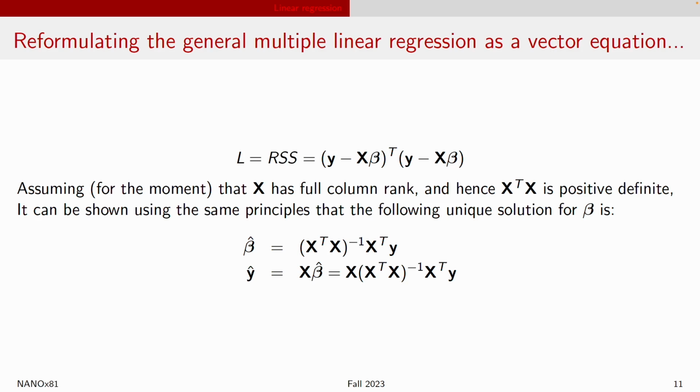If you go through the same kind of derivation and take the derivative of L with respect to your beta vector, you can show that your beta is given by (x transpose x) inverse multiplied by x transpose times your y observations. That gives you that your predicted y is x multiplied by this beta vector, which gives you this expression over here.